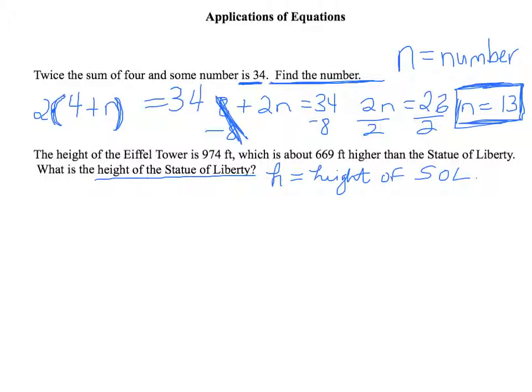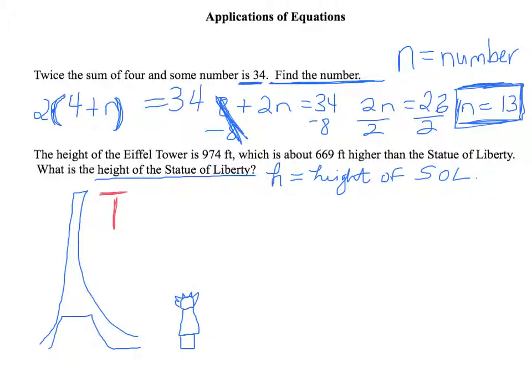Okay, so sometimes it's helpful to draw a picture. So I have this situation here where I have this Eiffel Tower. You're going to see that I should have been an art teacher. And I have the Statue of Liberty. Now, the height of the Eiffel Tower is 974 feet.